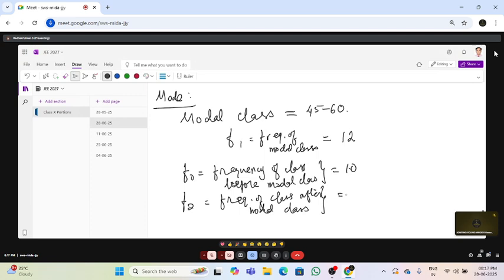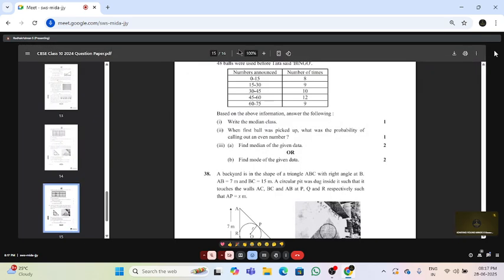To estimate exactly where the mode value lies, we need to look at the modal frequency, the previous frequency, and the next frequency. The next class is 60 to 70, which has a frequency of 9.